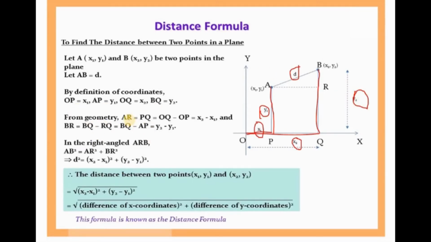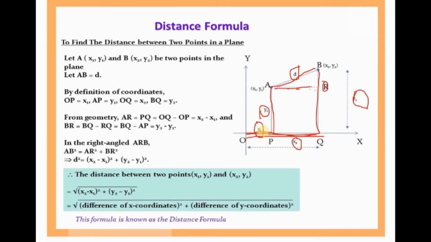So from geometry, AR equal to PQ. This is equidistant because we drew an imaginary line from A that is represented by R. AR equal to OQ minus OP.